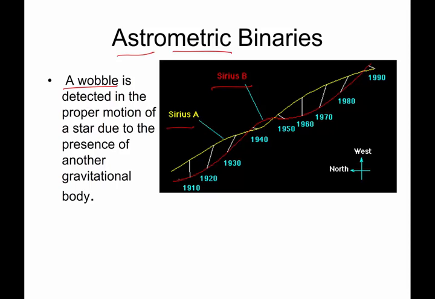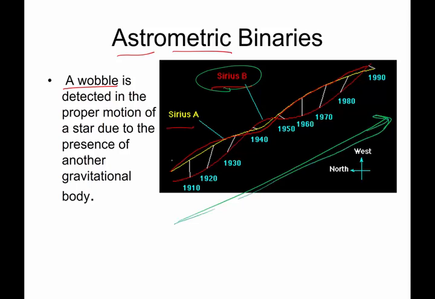Over time, each one wobbles a little bit. It doesn't travel in a nice straight line that you would expect if it had no gravitational influence, but it's got a close binary companion, and that companion is causing its path, instead of going in a straight line, to weave in and out a little bit due to gravitational tugging.